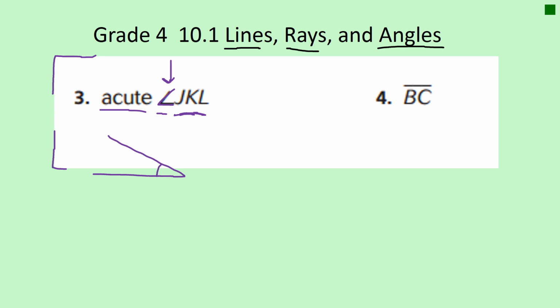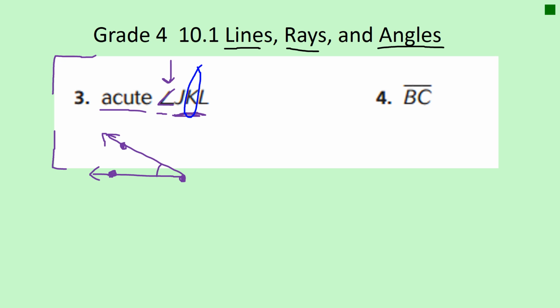So now we have to label it JKL. All right, we're going to put arrows on the end of these rays because an angle is really two rays that are stuck together at the point. And we're going to put a point there, and a point there and a point there. That's just for labeling. Okay. Now the most important thing about when you label an angle is this middle letter.